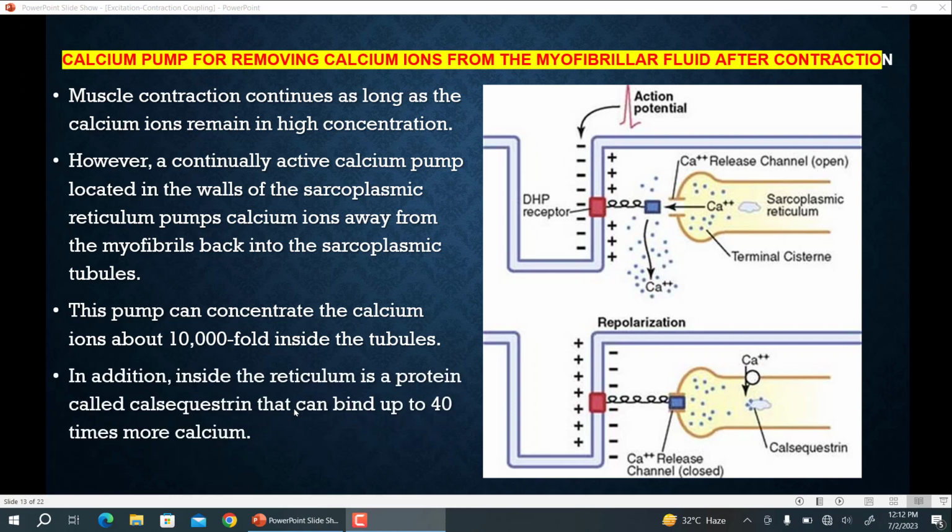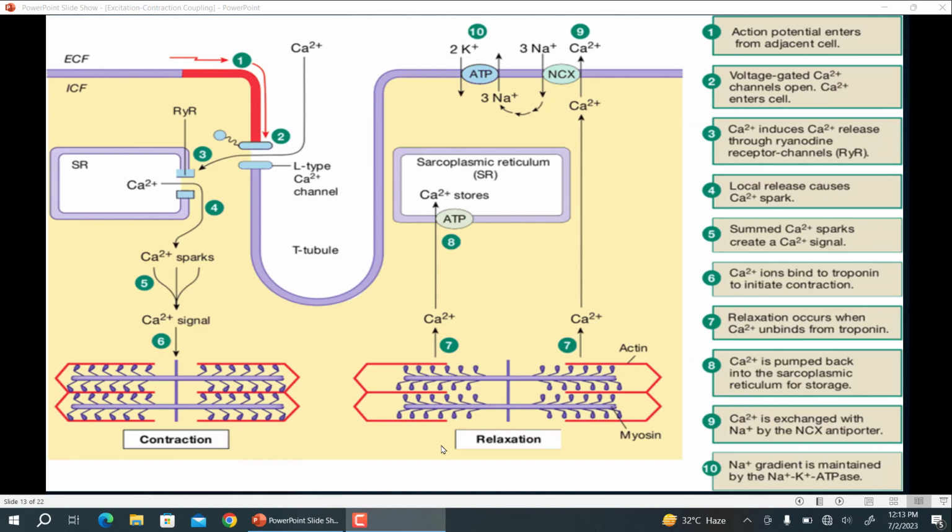In addition, inside the reticulum is a protein called calsequestrin that can bind up to 40 times more calcium. Here we have a receptor known as calsequestrin, to which calcium is attached, and 40 times more calcium can be concentrated in the sarcoplasmic reticulum.